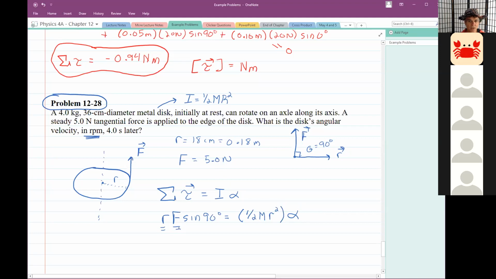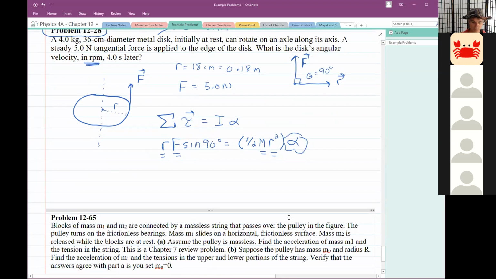I have F, which is 5 newtons. I have the mass of the disk and the radius of the disk. All I'm doing is solving this equation for alpha. Let me skip the math part. What you'll find is that the angular acceleration is 13.9 radians per second squared.